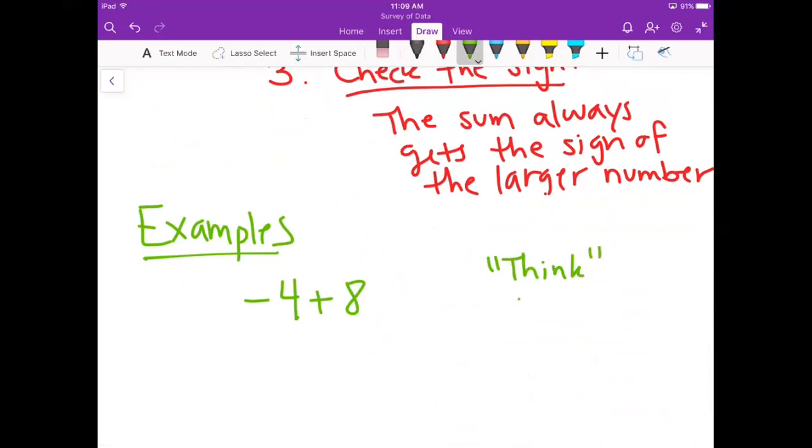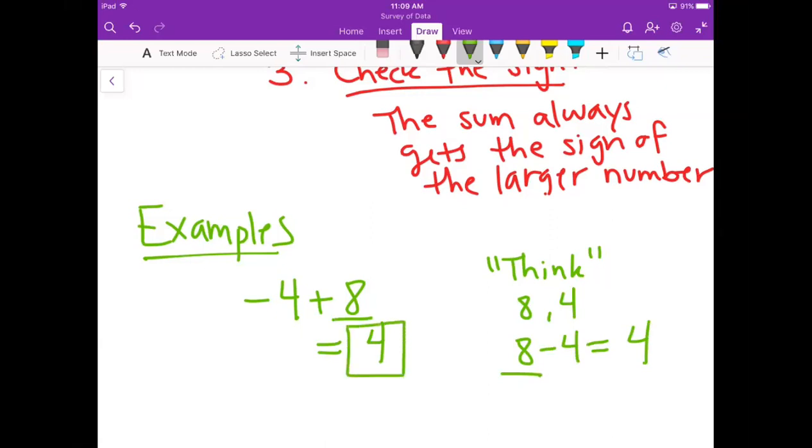My two numbers are 8 and 4. The larger number is 8, so I need to take 8 minus 4. 8 minus 4 is 4. So I know my final answer is some version of 4, either positive or negative. The larger number was 8, and in the problem, that 8 was positive. So my final answer should be positive 4.